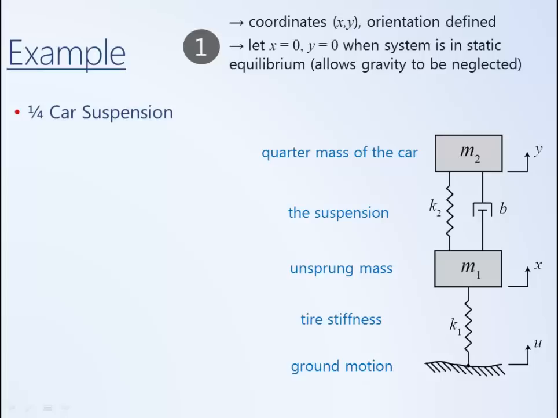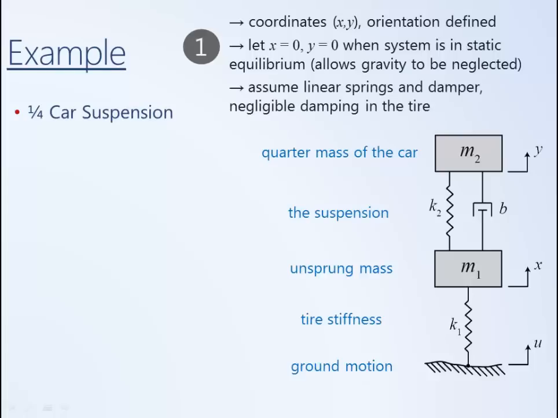It allows us to neglect gravity. In essence, the weights are being offset by the static deflection of the springs. So there's weight there, but it's exactly offset by the force generated by the static deflection of the springs. In terms of assumptions, we'll assume linear springs and dampers and negligible damping in the tire.